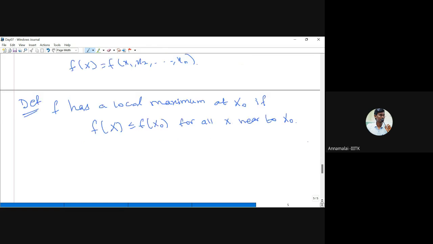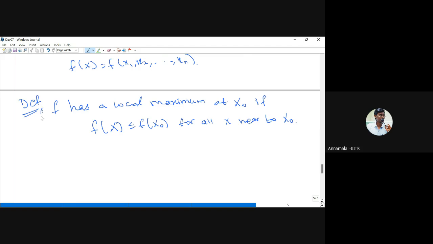There is another definition, global maximum. Global means we have to look at the maximum over the entire interval. But local maximum at a point means you take some neighborhood of x naught and then look at the maximum of the function. So this is the first definition, for local maximum.